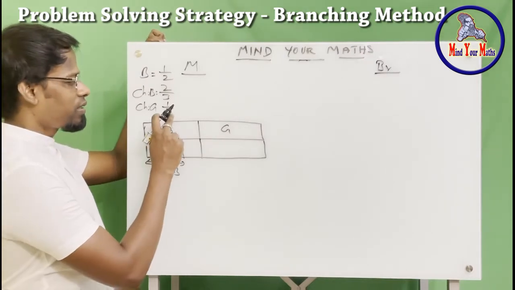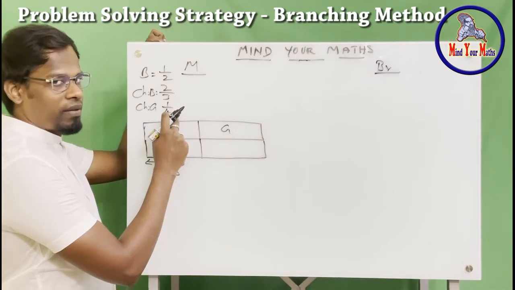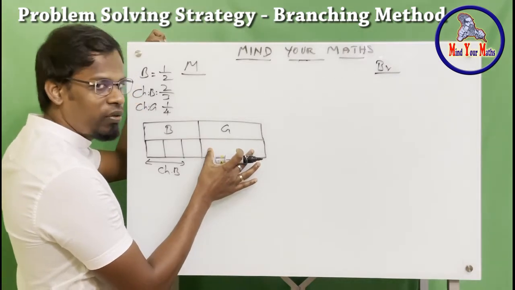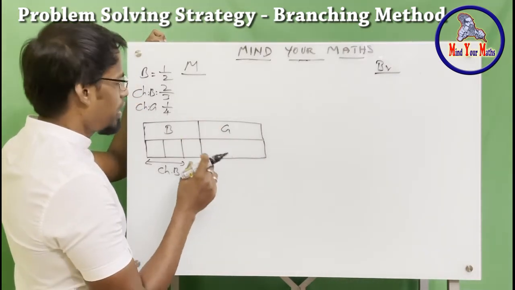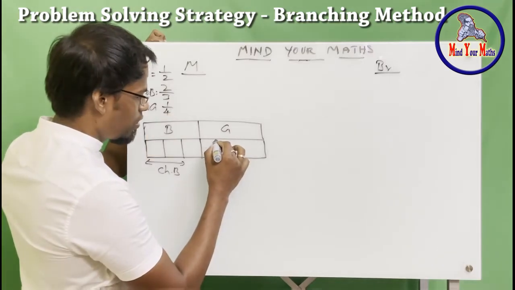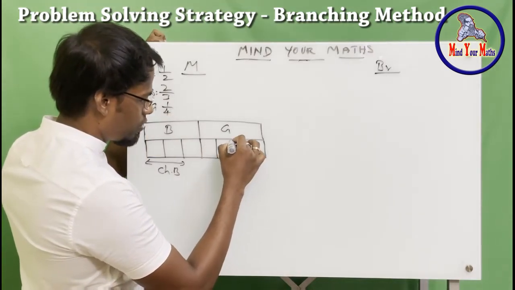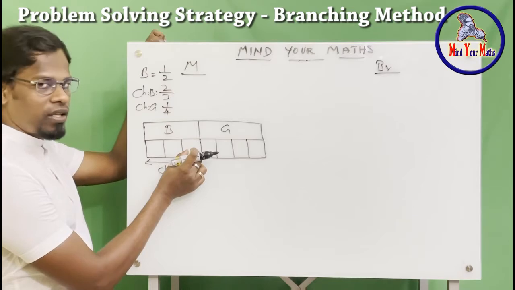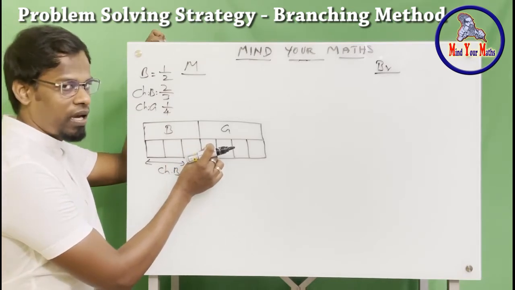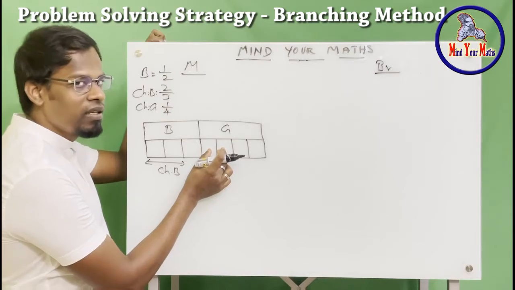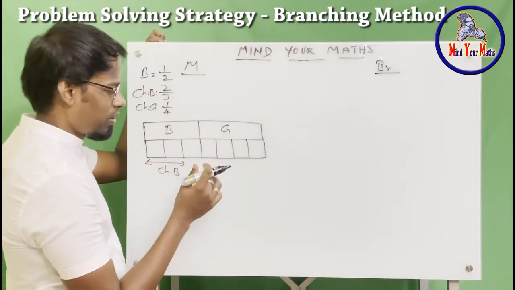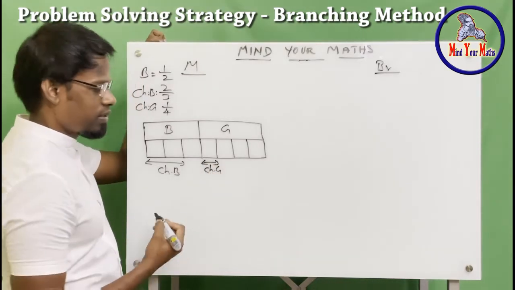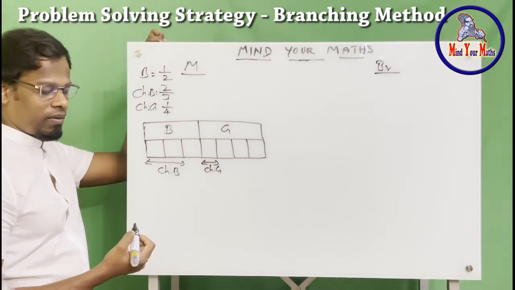Then it says 1/4, which means a quarter, of girls are Chinese, which means this side we need to split into 4, because that's what is given. 1, 2, 3 and 4. Obviously this unit is not equal to this unit, you need to always remember. That's why this one is slightly smaller. This side is split into 4, and in that, 1 is Chinese girls. That's what is given in the problem.